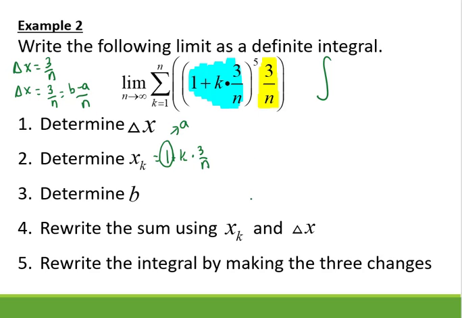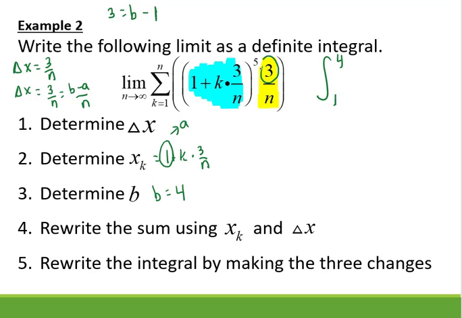I have 3 is equal to b minus what we just figured out, a was 1. So b is going to equal 4. Okay, so now I know my a is 1, my b is 4. Their difference is 3.